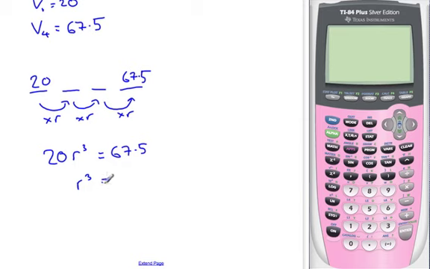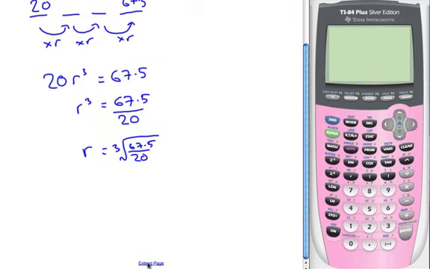Which then gives me r cubed equals 67.5 divided by 20. And then finally, to get r, I just need the cube root of 67.5 divided by 20.